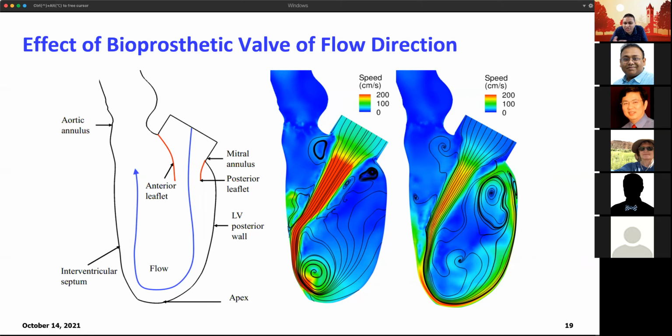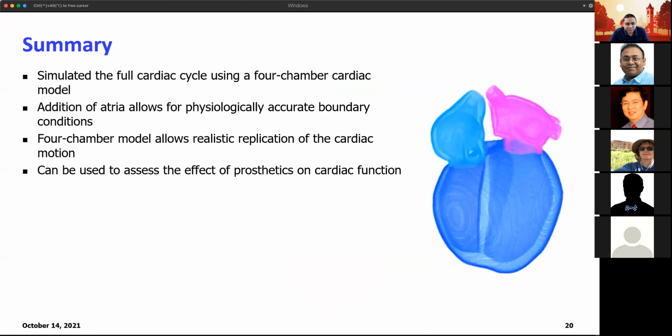So this is a good idea of how computational models can help figure out what can be different in the case of a surgical intervention.